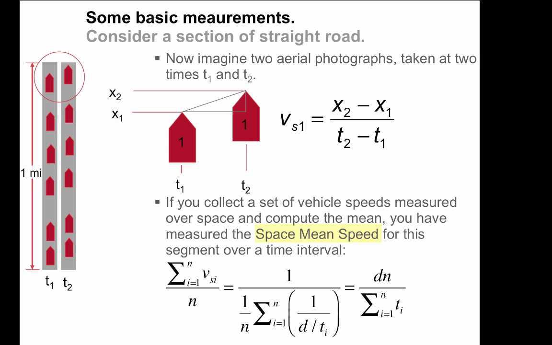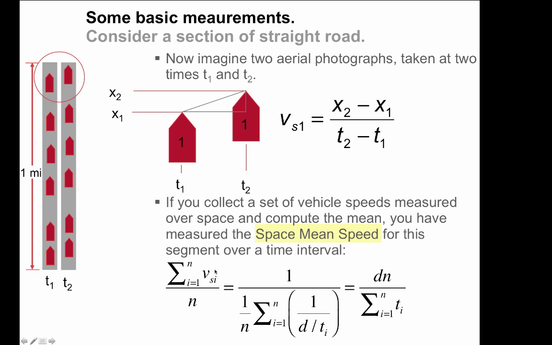If you collect a bunch of speeds in this particular way, such that you know the actual speed over space of each vehicle on the roadway, and then compute the mean of that, you've measured what we call the space mean speed for this particular segment over a time interval.